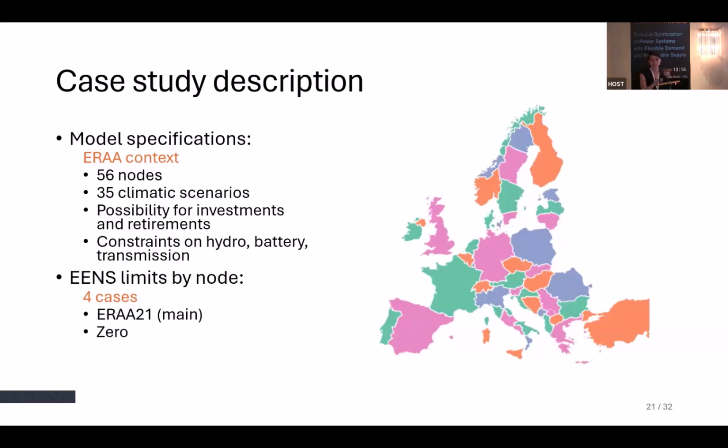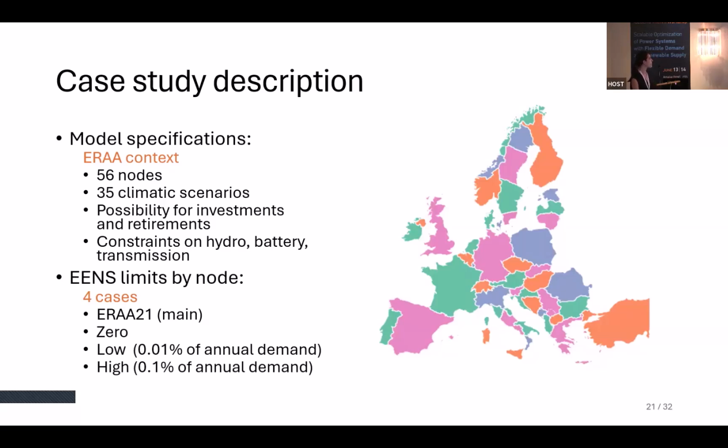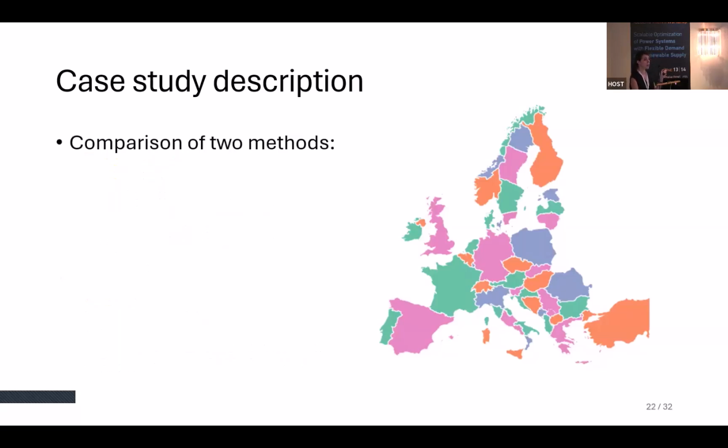Okay, other cases are zero limits, which provides some interesting insights. So what if we had zero, we allow no load shedding? Cases of low or high limits as percentages of annual demand. We will be comparing two methods. Our approach, which is the explicit consideration of reliability constraint, in which basically it yields endogenous lambda. So we have lambda, it is as if we have an endogenous zone-specific cost of load shedding.